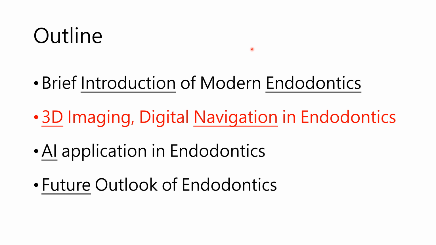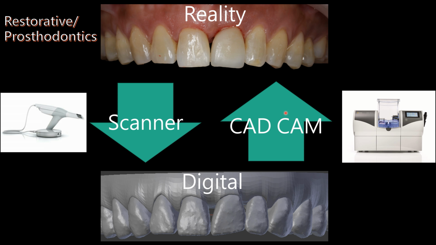We use 3D images and digital navigation in endodontics. Maybe we are more familiar with prosthodontic or restorative dentistry. They use a scanner to take the real tooth structure and transform it into the digital world. After that we do the CAD design, computer-aided design, in software.